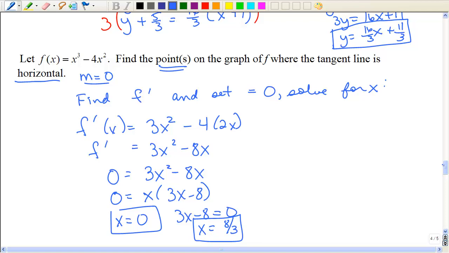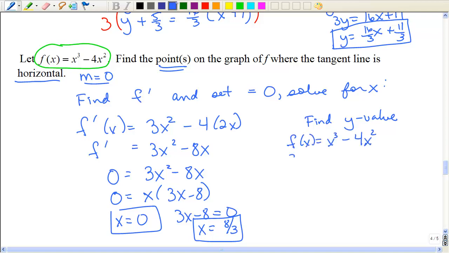Now, since they don't just ask for the x value and they ask for the point, they also need to find the y value associated with that. Now, we want it on the actual graph, so we need to come back up there. All right, so we're going to take the function and evaluate it at 0, which of course is 0.